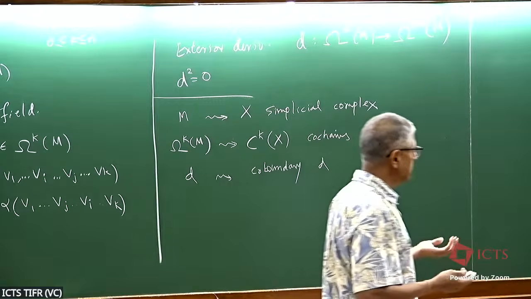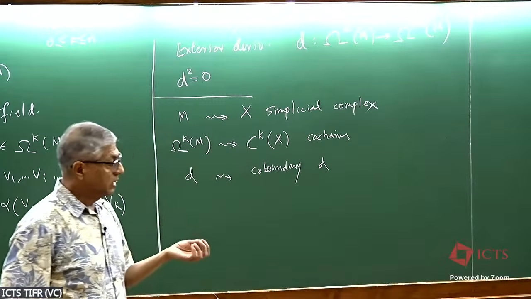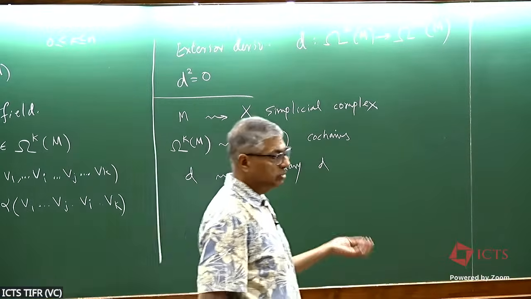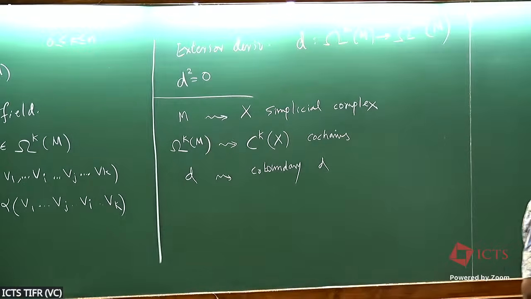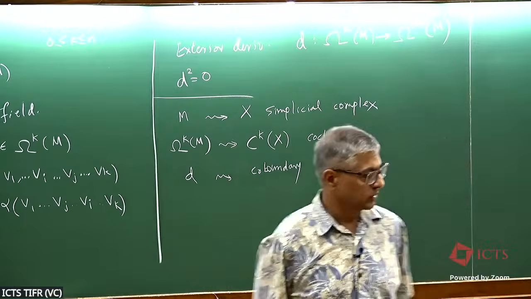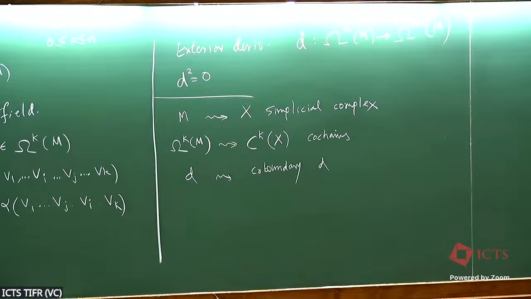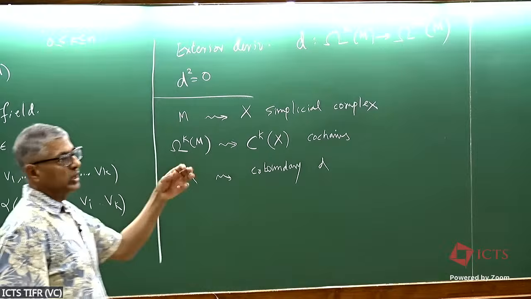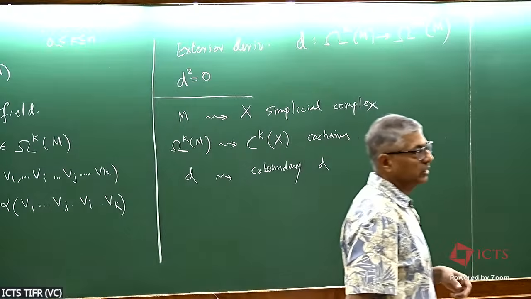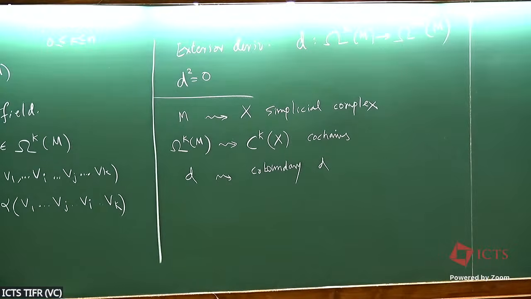A K simplex requires K plus 1 points which are in general position, meaning that if you take one of the points as the origin and take the vectors to the rest, then those form a linearly independent set of vectors. And then you take the convex hull of those points. For example, you take 3 points which are not collinear and you get a triangle, and 4 points which are not lying in a plane and you get a tetrahedron.